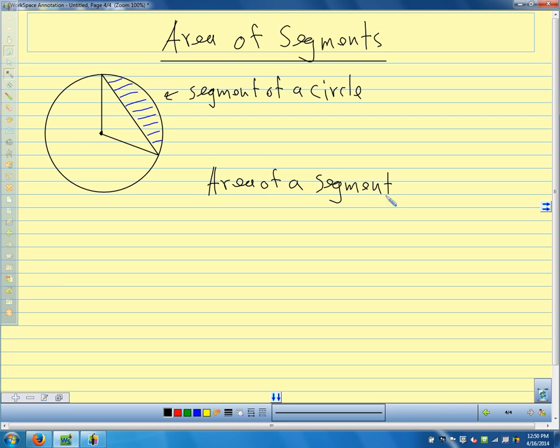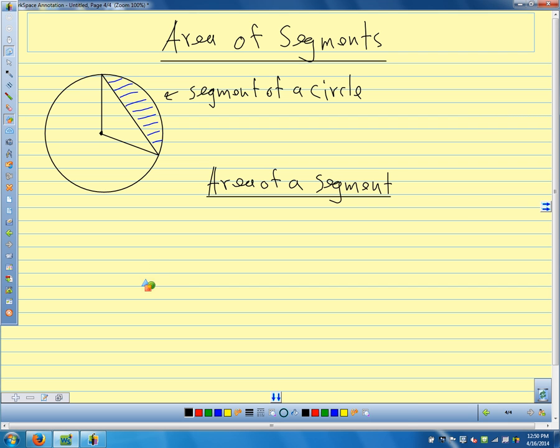To find the area of a segment, and this would be another good thing to put in one of your circles on your graphic organizer, area of a segment. We don't really have a formula, but we have a process. So I'm going to draw 3 pictures that tell us our process. So we're going to first find the area of the sector.